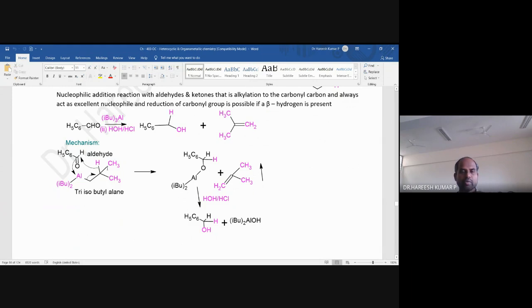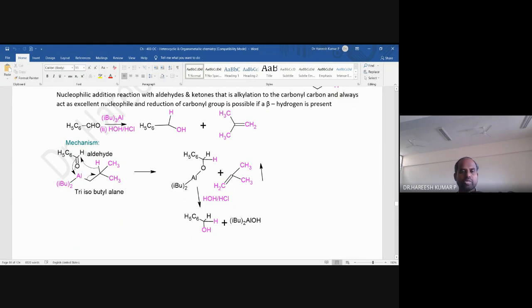You can observe that this is an aldehyde. So the H of the isobutyl group, that is hydride, H minus, will add to the carbonyl carbon, and similarly there will be a bond formation between the oxygen and aluminum.